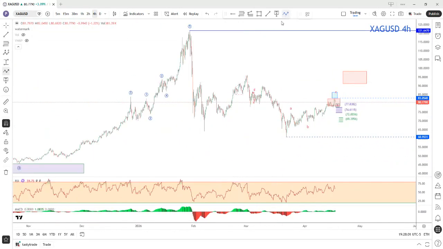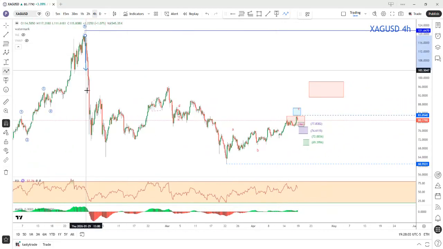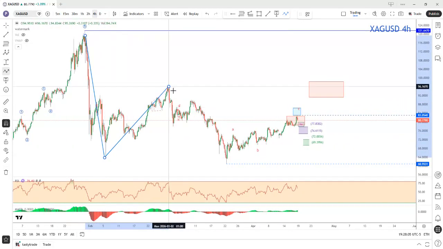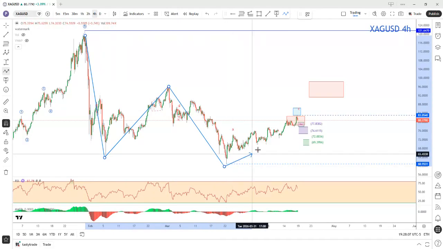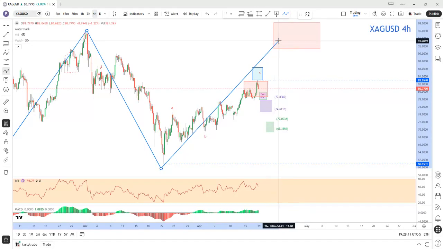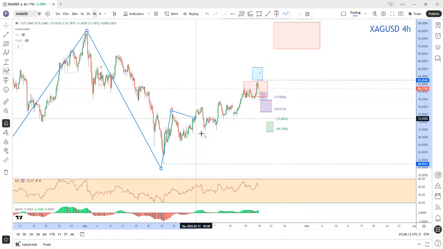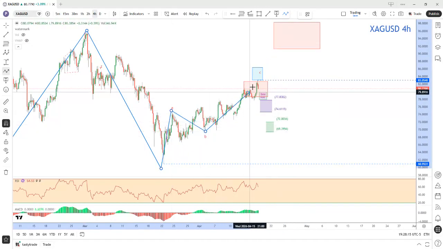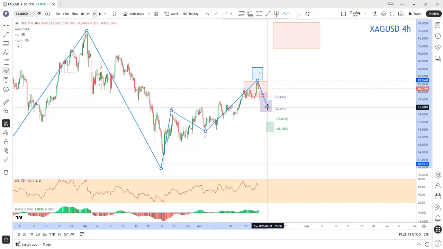But for the bulls, you're looking at this and going, okay, WXY, that was a correction, but now we should be targeting it up here. And if we're going to come up here, then this was an ABC, and then one of these two zones, this purple zone, so 77 to 74, or the green, 72 to 69, one of these two should be where the bounce happens to get up into that red box.